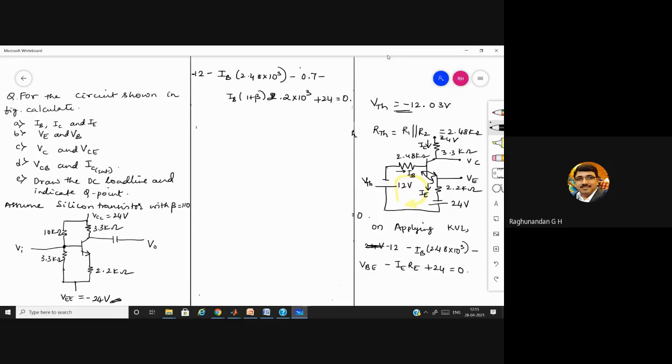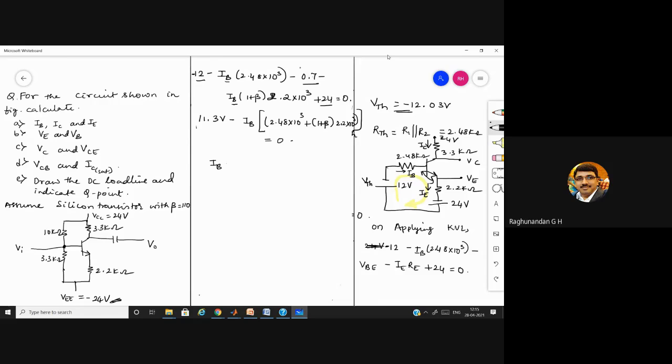This is minus 12. So considering these three, we will be getting 11.3 volt minus, I take IB common in these two. So IB into 2.48 into 10 to the power of 3 plus 1 plus beta into 2.2 into 10 to the power of 3 is equal to 0.